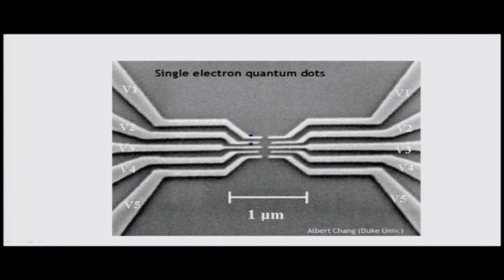There have also been efforts in making single electron quantum dots which can act like these devices, and this is the work which has been done by a group at Duke University to show that they can actually generate single electron quantum dot conditions, and that can also work almost as these kinds of ion traps and trapped ion conditions.